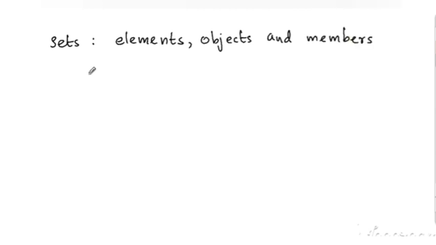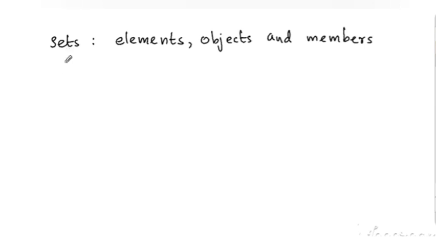Now we can look at some basic ideas of sets. The terms in a set are called elements, objects and members. Three names are there: elements, objects and members.